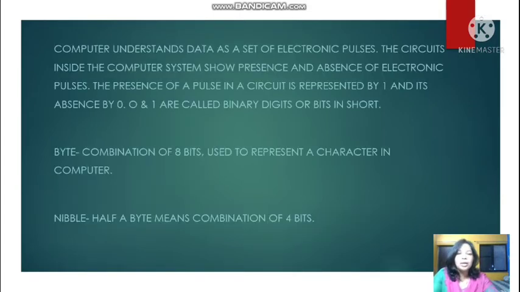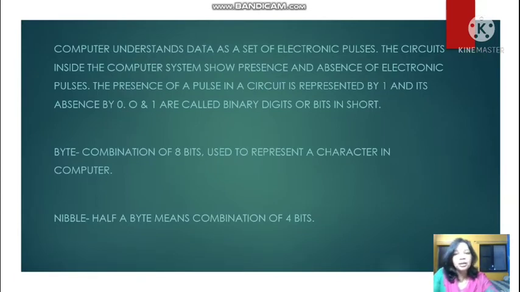See, we all know that our computers understand only binary digits, 0 and 1. Anything which we type from the keyboard also gets converted into a combination of zeros and ones. Whatever language we understand, whatever characters we type from the keyboard, the computer doesn't understand those characters, words or sentences.